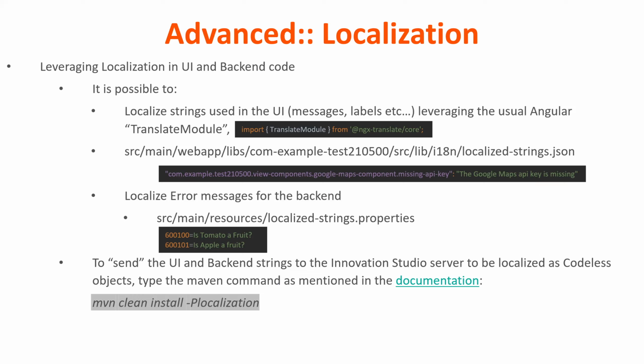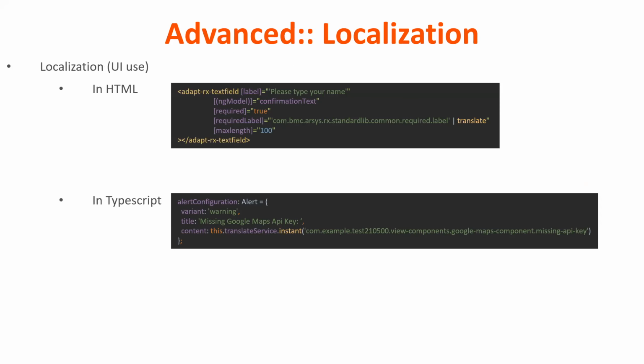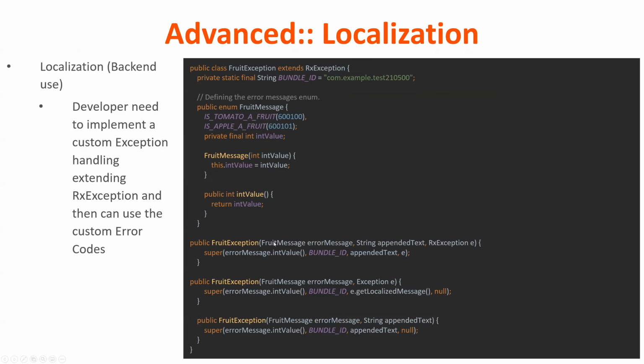Automatically, depending on, for example, the admin settings or whatever has been defined by your web browser locale, it will display the message in French or in English. We have documentation on that. You can use ngx-translate after that, in your HTML or TypeScript code. For the backend, it's limited pretty much to exception handling.